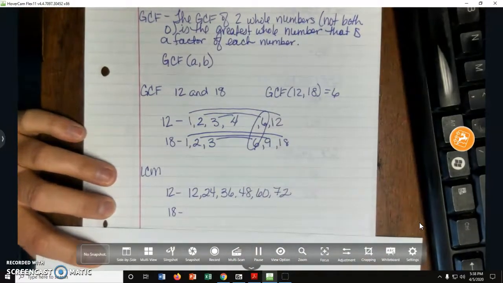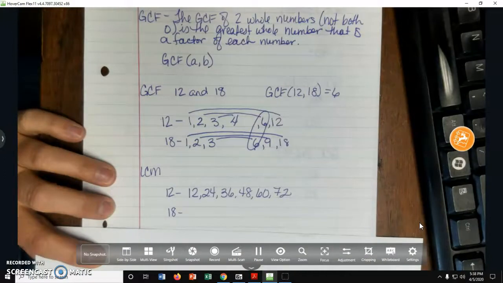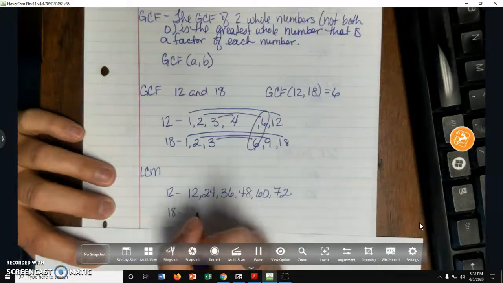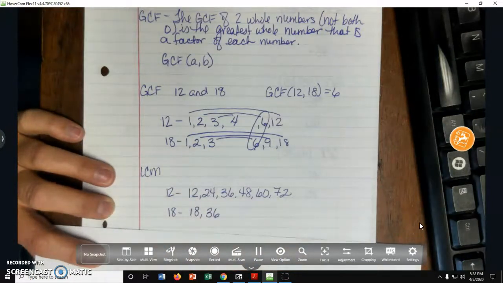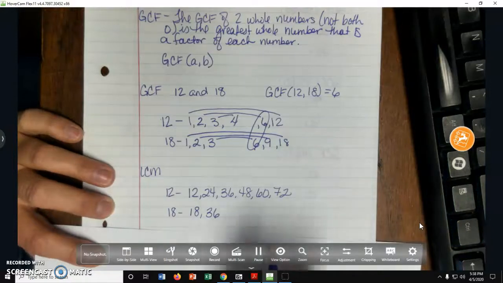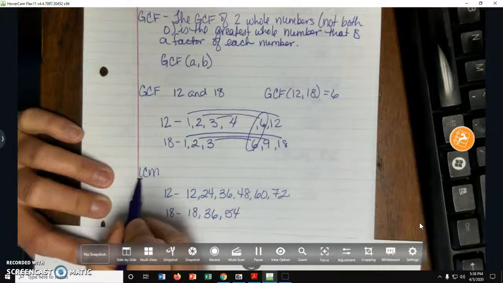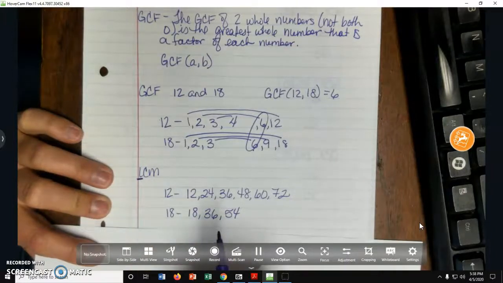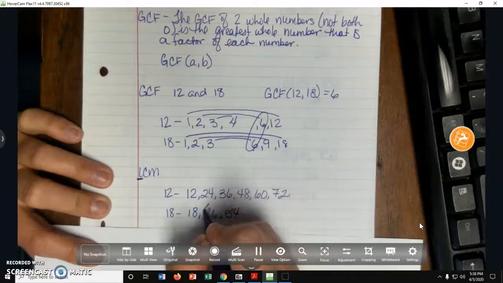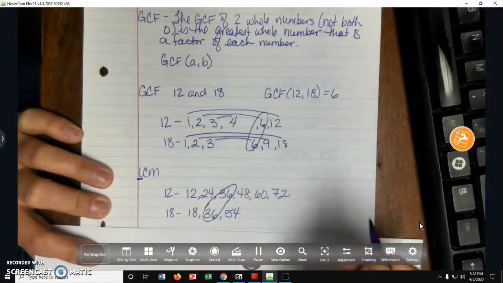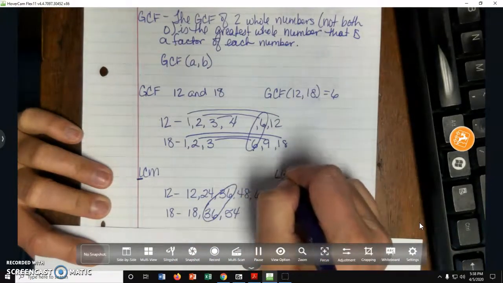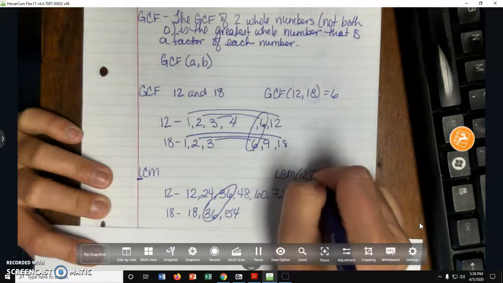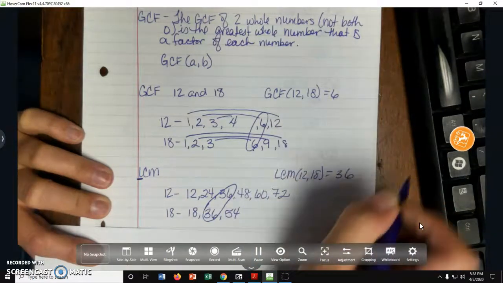My multiples of 18 would be 18 and then 36, 54, and do I have to keep going? I don't, because here I want the least common multiple, so I want the lowest. So here I can already see the least common multiple of 12 and 18 is 36.